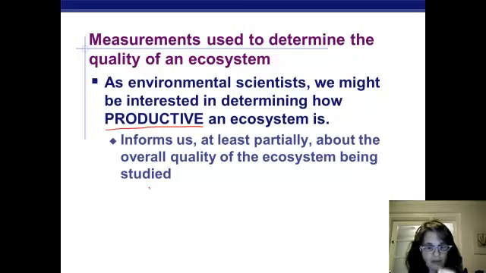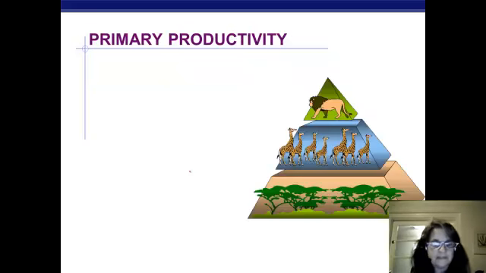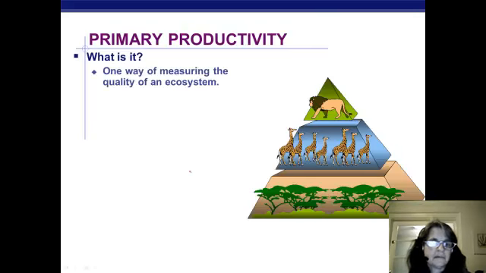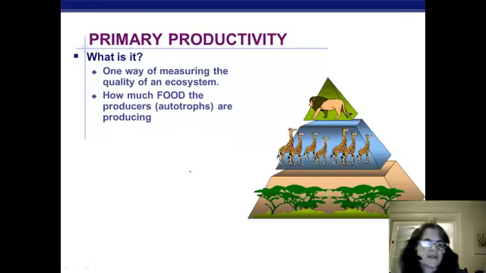That is one thing we can measure that will tell us about the overall quality of the ecosystem we're studying. So primary productivity can be really important. It is one way of measuring an ecosystem. What it is measuring, at its heart, is how much food the producers are producing.